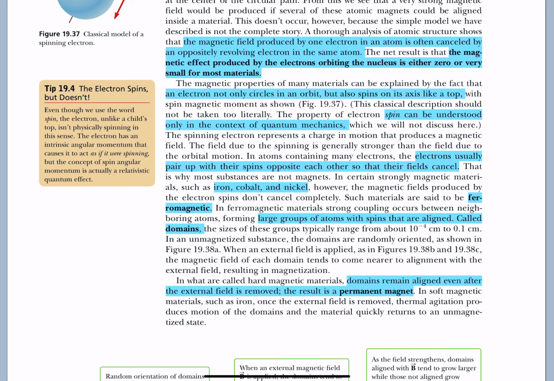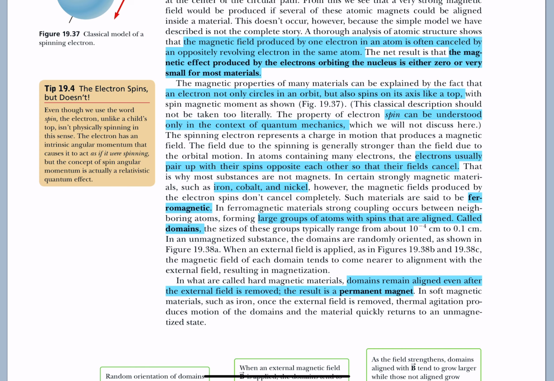Instead of all the magnetic fields canceling each other out because you have random spins in different directions, you can get an accumulative magnetic field. Such a material would be said to be ferromagnetic. And of course, iron is very, very common in this phenomenon. Hence, we have the prefix ferro, which is the Latin word for iron.